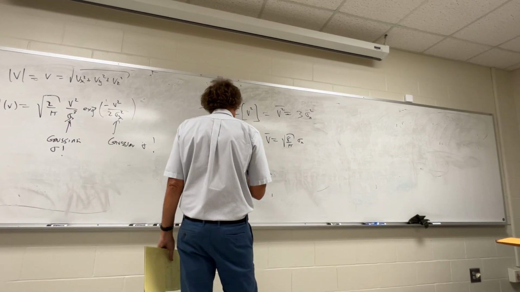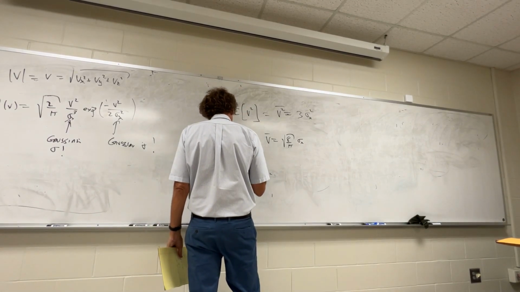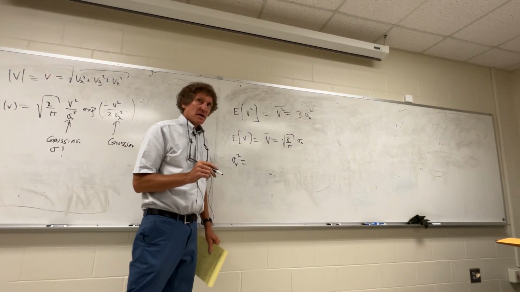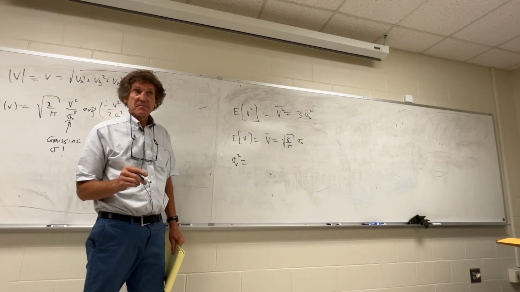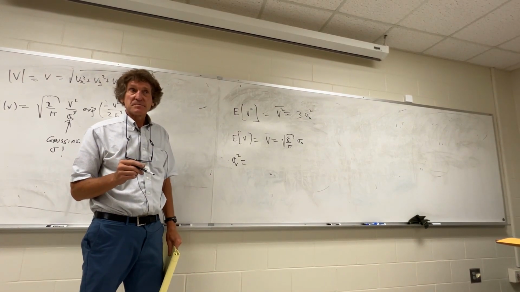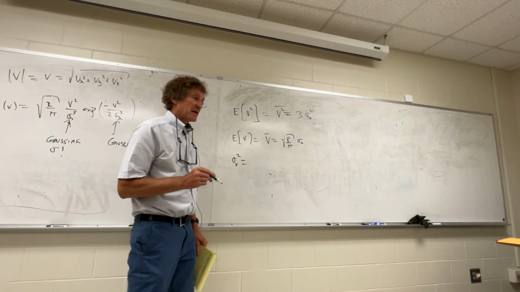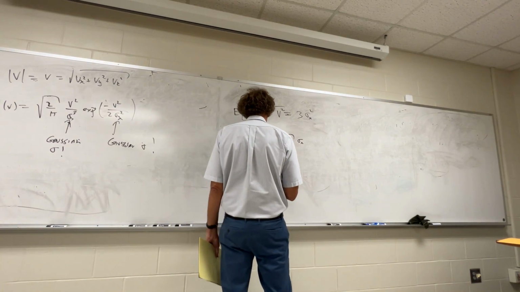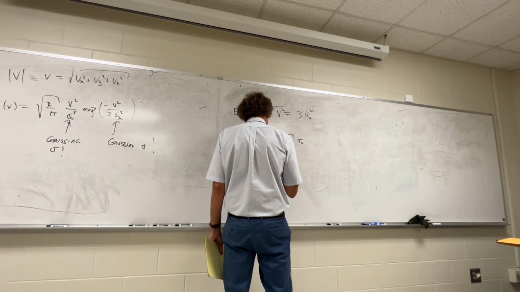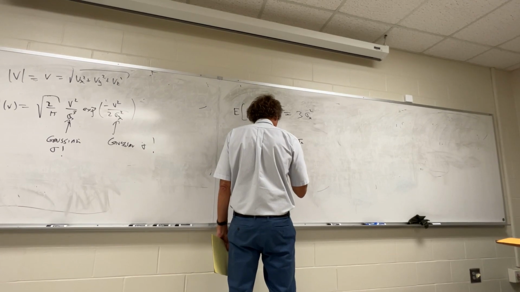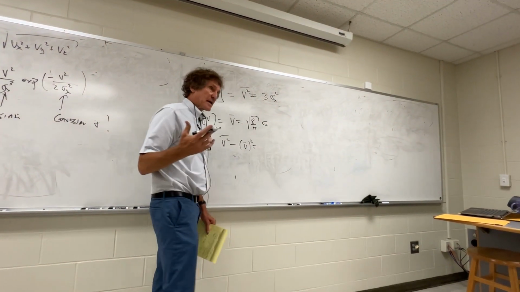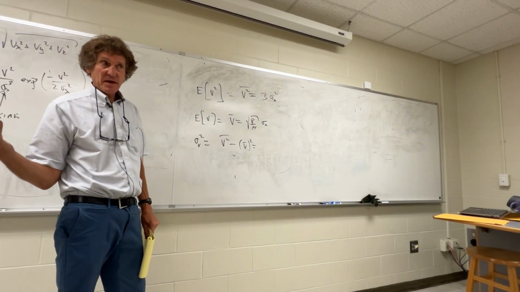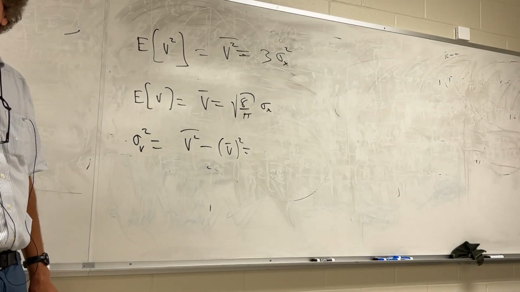So out of curiosity, what would the variance be related to the magnitude of the velocity? It's always going to be v squared magnitude minus v bar squared, right? It's the second moment minus the average value squared. Do you all agree with this, class?